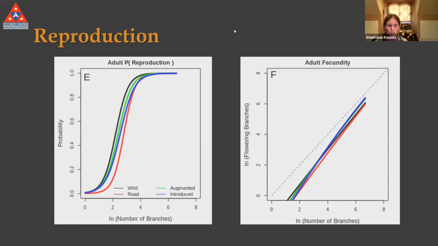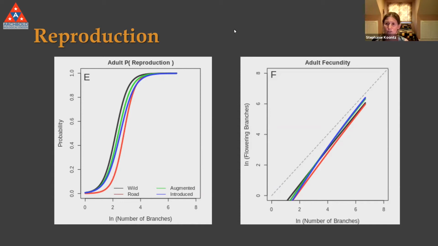We see somewhat similar results between the other three management treatments, with wild gaps being able to be smaller and having a higher probability of reproducing compared to our translocations. But our translocations are falling right between those two, and so they're pretty comparable.